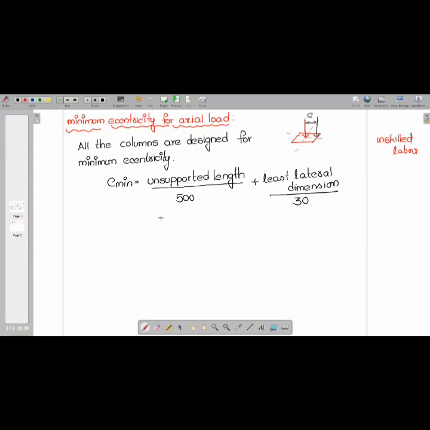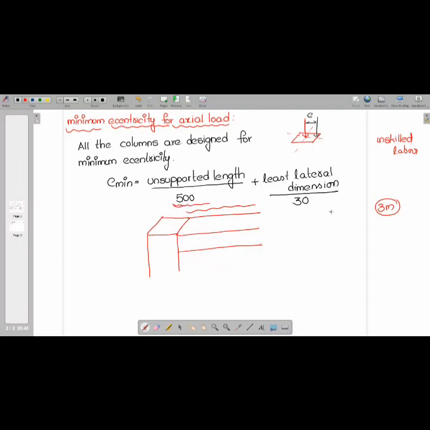So let me explain what unsupported length is. Suppose, see students, we have a column here, and there is a beam here. Now this entire thing is the unsupported length. If you take the unsupported length as 3 meters, you cannot take 3 by 500 here. 3 meters means you should take it as 3000 mm.